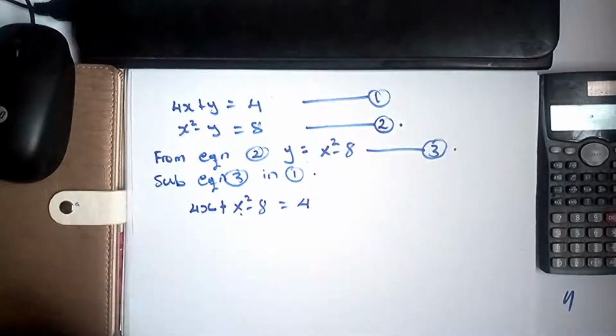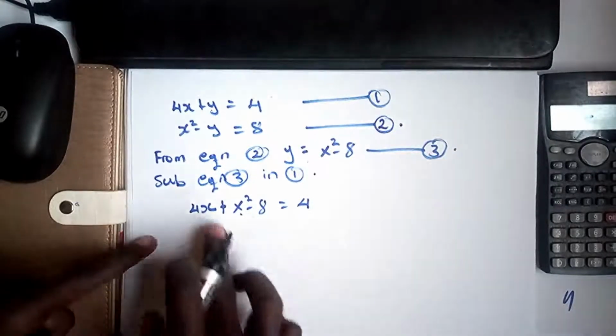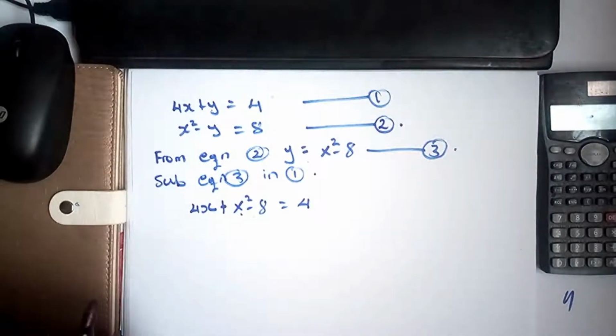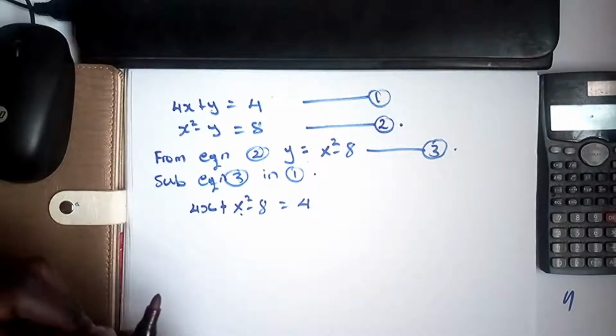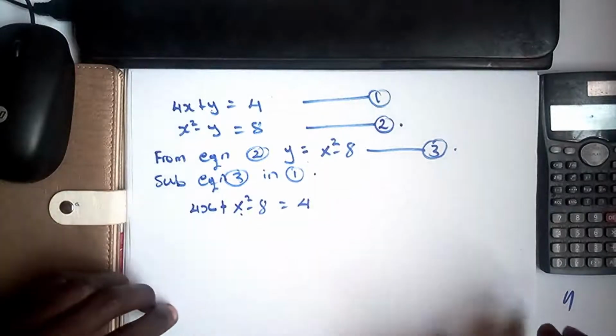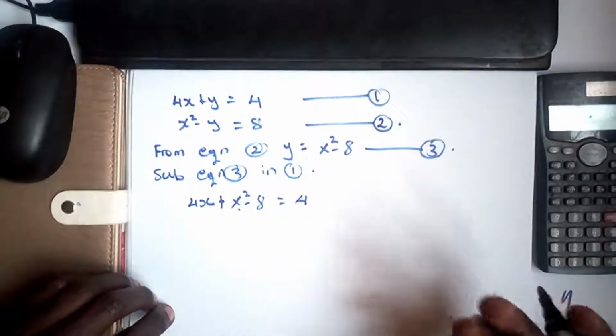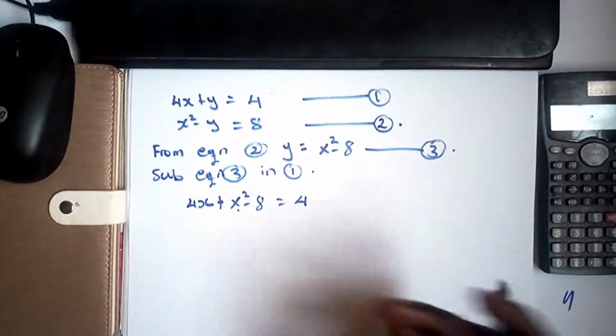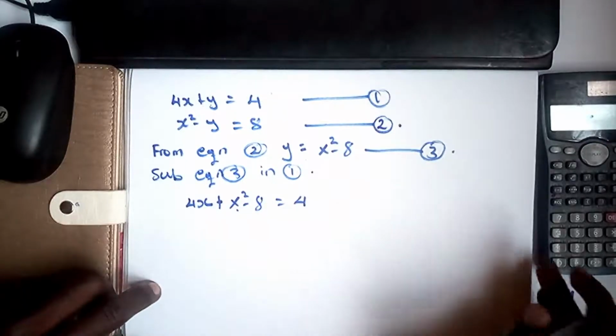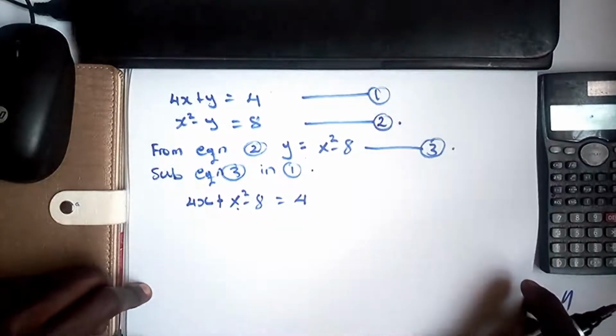So we have another equation there. This is a quadratic equation which you can either solve by completing squares, or by getting its sum of roots and the product of roots. So you can use that method for the roots, or you complete squares.